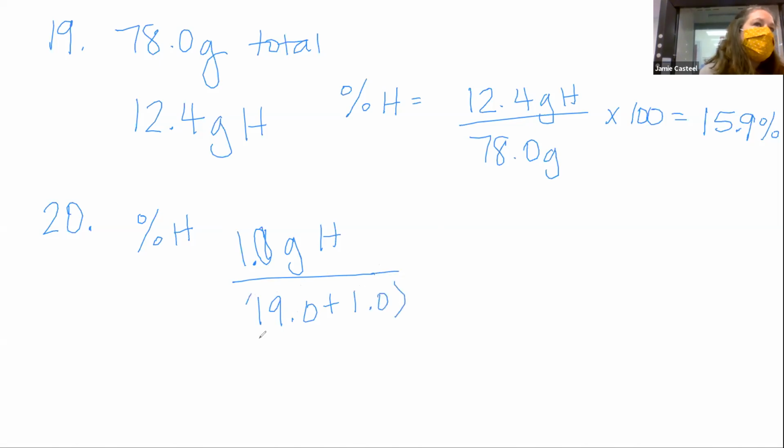Okay? So you guys can just divide by 20 grams. 1 divided by 20 times 100 because it's a percentage. What is my percent of hydrogen? One out of 20. What percentage is that?